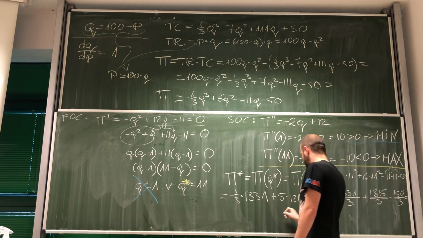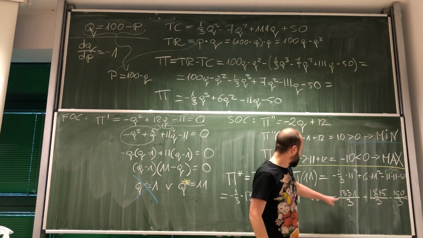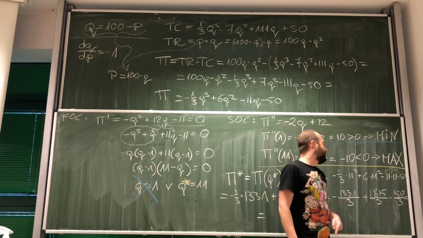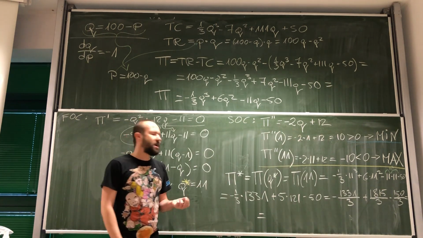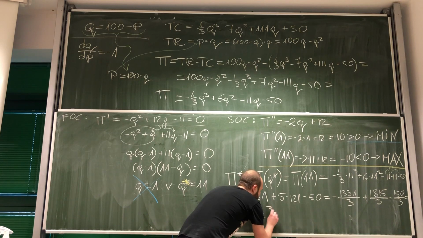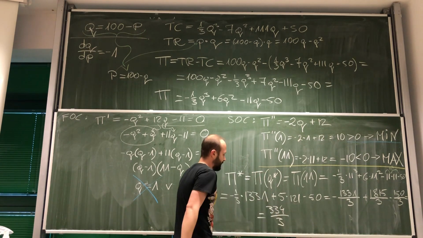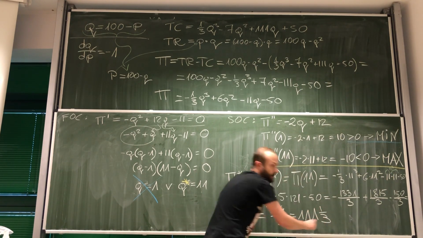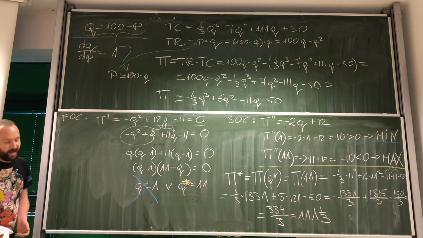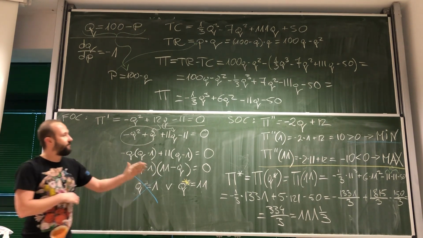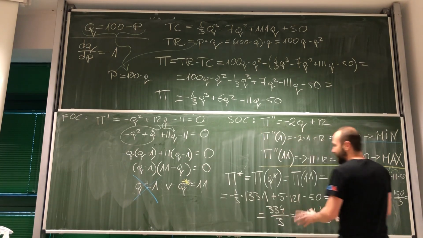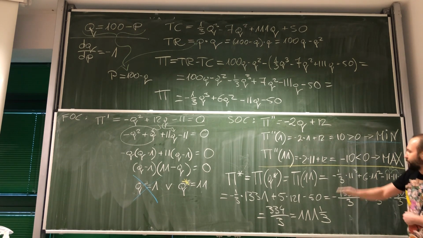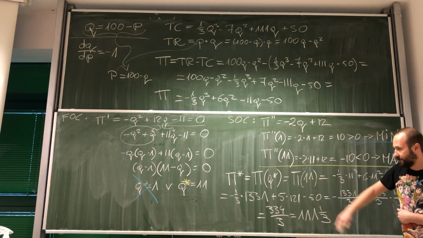So, finally, if I'm going to take this, subtract 1,331 and 150, I'm going to get that this is 334 over 3, or simply 111 and 1/3. 111 and 1/3 is the value of the profit, the maximum value we can obtain, and we are obtaining it when we produce 11 units.